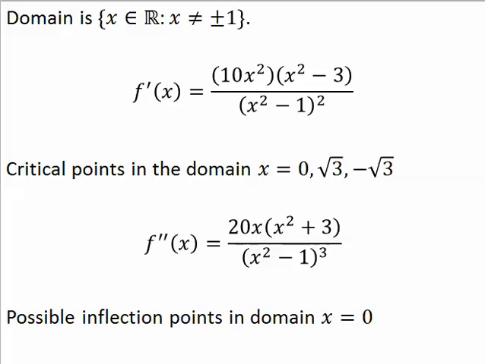We also have possible critical points where the derivative equals 0. The derivative equals 0 when x is equal to 0, radical 3, and negative radical 3. We have a possible inflection point at x equals 0 because x equals 0 makes f double prime equal to 0.